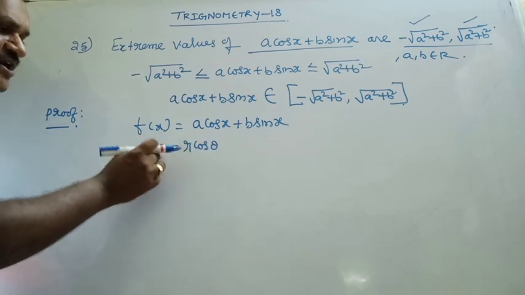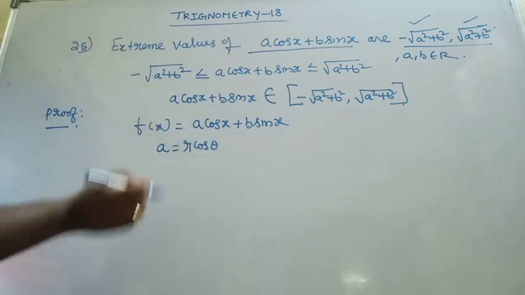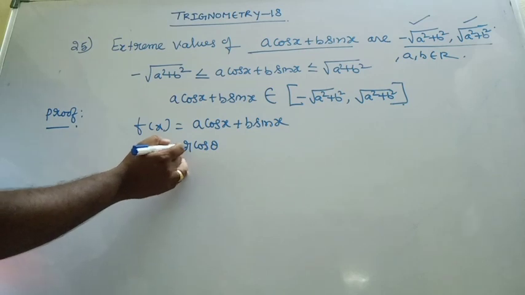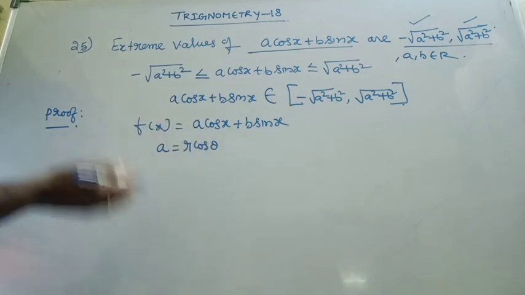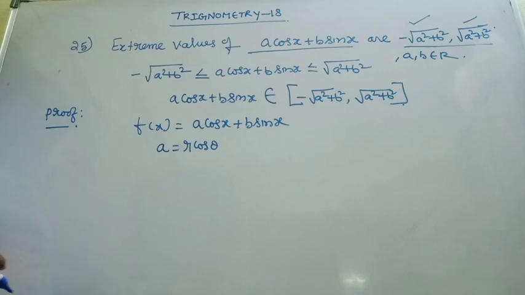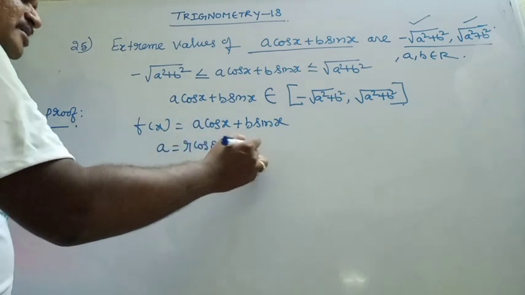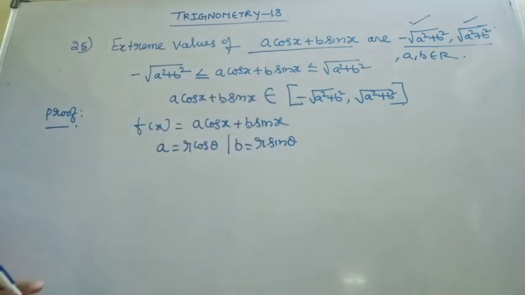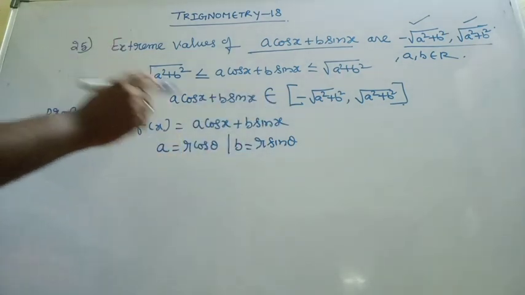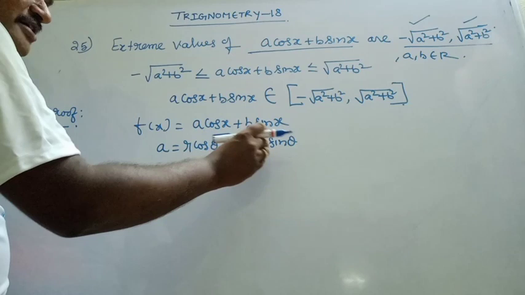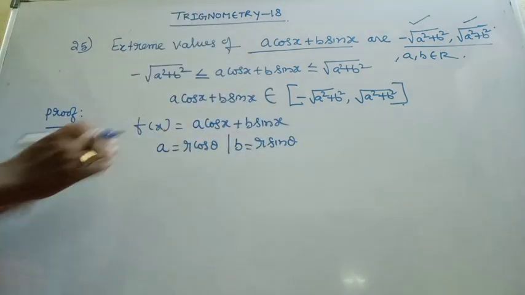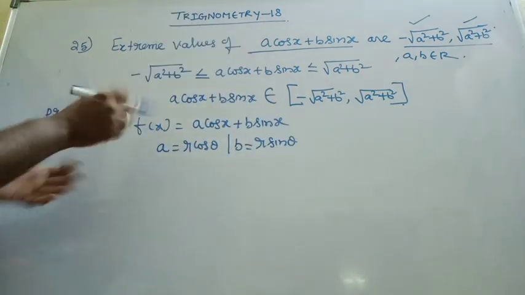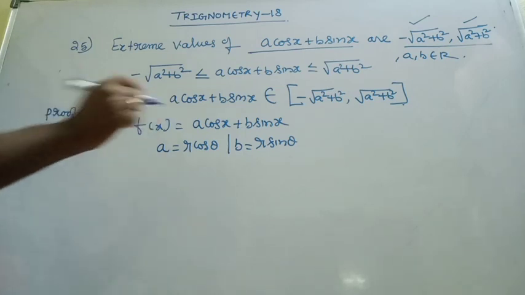Any constant a we can write in mathematics as some other constant times cos theta. This is possible. Similarly, b equals r sin theta. Another constant b, which is a real number, we can also write as some other constant r times sin theta. Why are we writing like this? Because now you are going to get the benefit out of it.